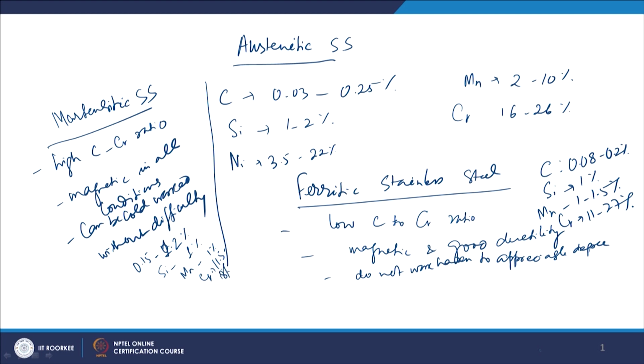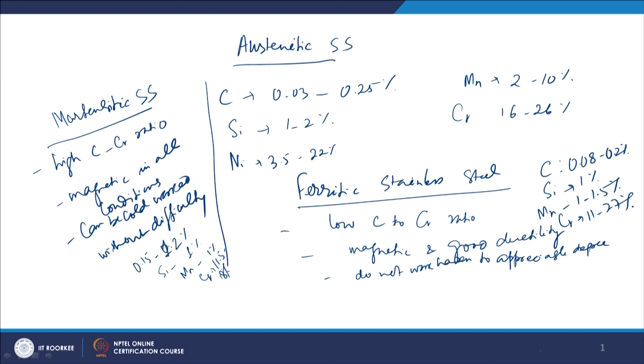So, quite a high value of carbon to chromium, 0.15 to 1.2. They are used in pumps and valve parts, and for turbine buckets. These are the special uses of these different types of stainless steels.